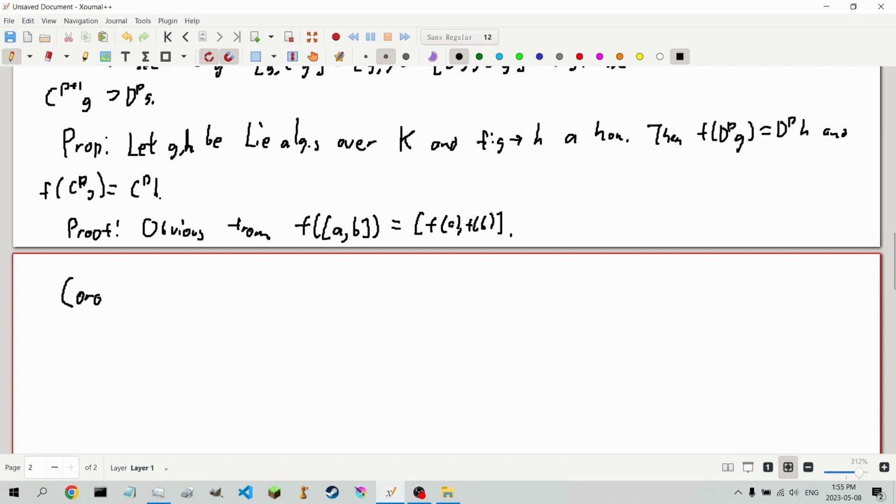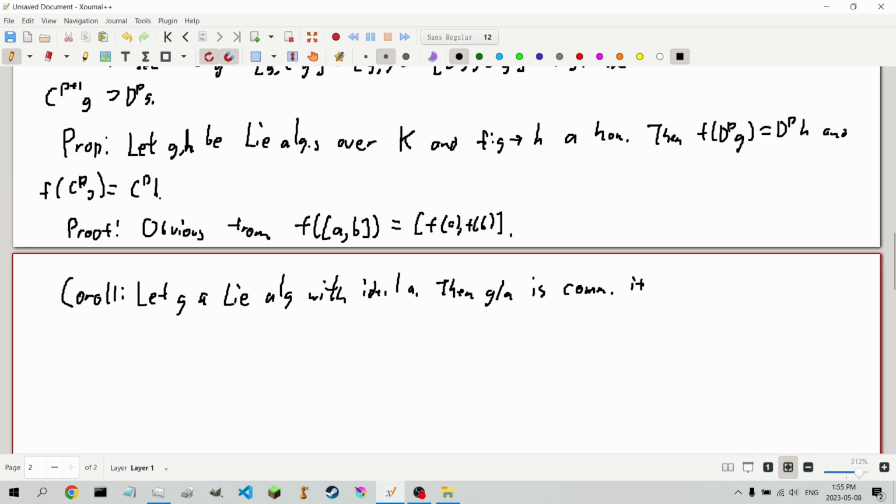There's a corollary. Let G be a Lie algebra with ideal A. Then G over A is commutative if and only if A contains the DG.